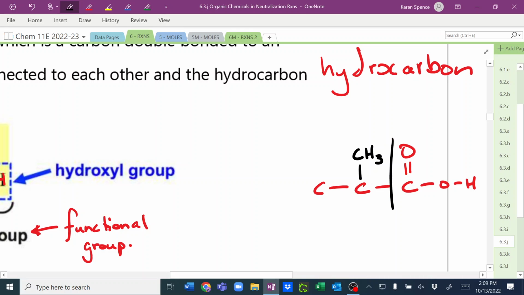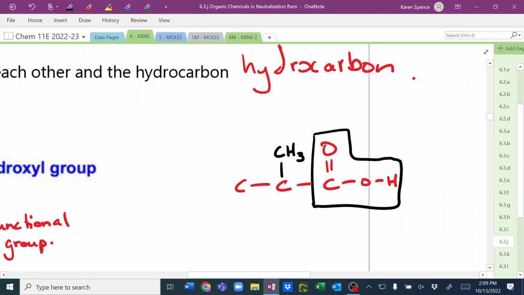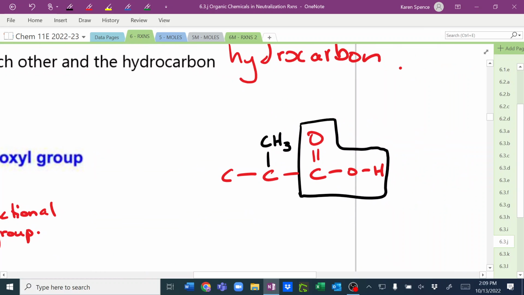The functional group is specifically this. When we say functional group, we mean the bit that makes it an acid. So this bit here is the bit that makes it an acid. The rest is the carbon chain, and the carbon chain can be a straight chain or it can be a branched chain.